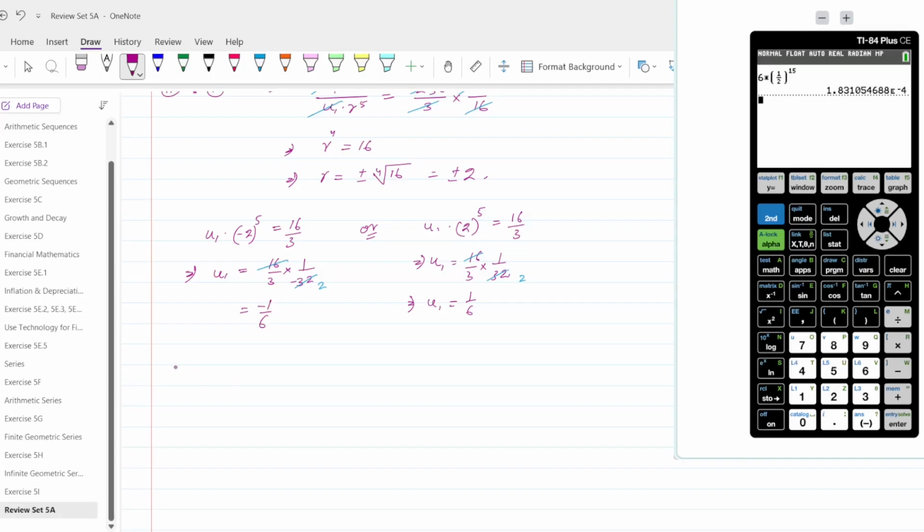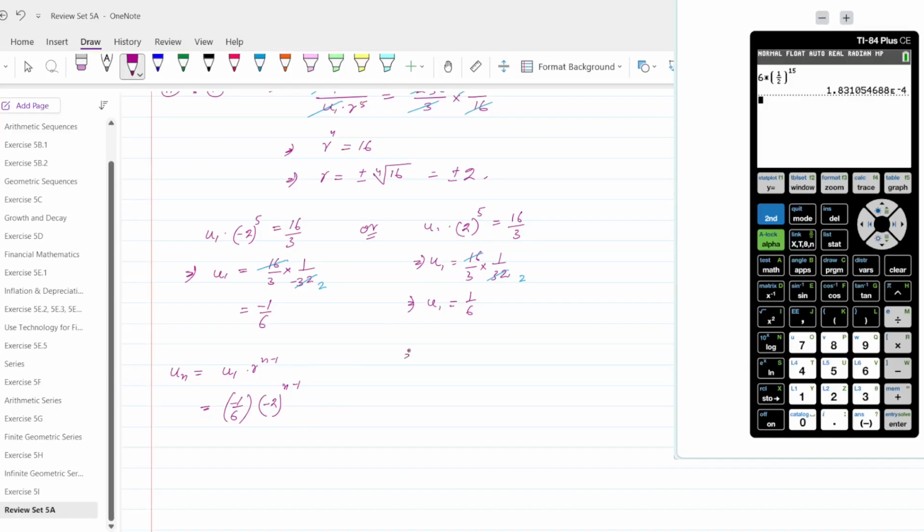So in this case, the nth term is u1 times r raised to the power n minus 1, and u1 is negative 1 by 6 times r, that is negative 2 in this case, negative 2 raised to the power n minus 1.